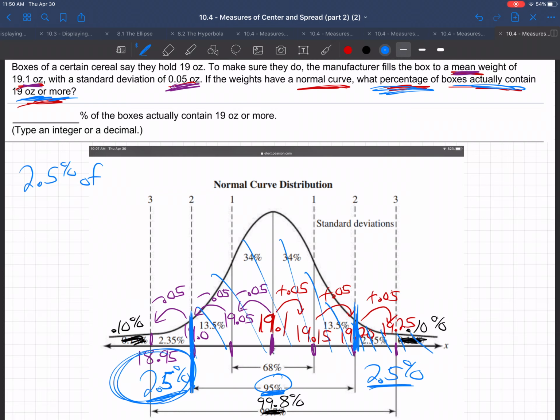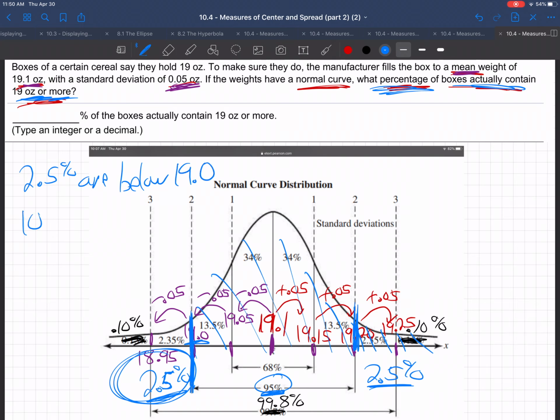Let me get this straight. 2.5% are below 19.0.